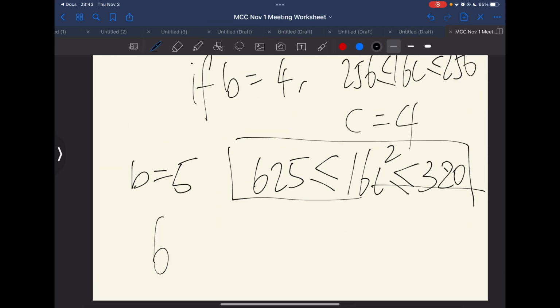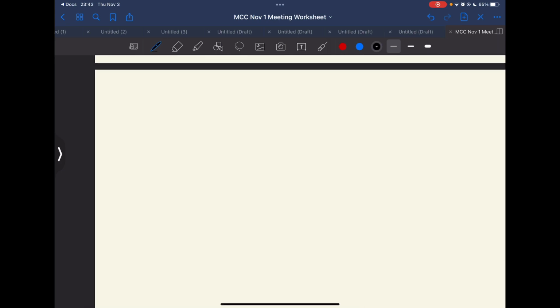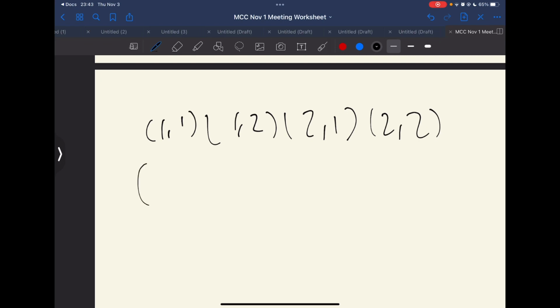Therefore, b should be smaller than or equal to 4. And thus, there are only 6 pairs of integers BC, and they are 1,1; 1,2; 2,1; 2,2; 3,3; and 4,4.